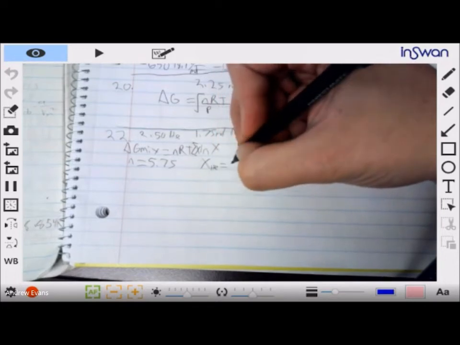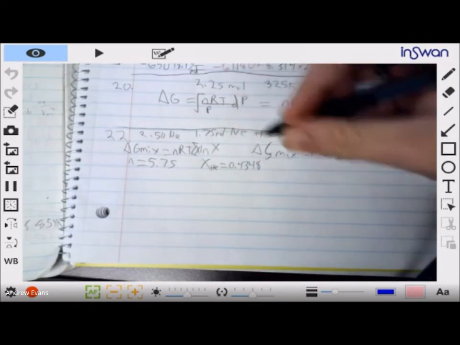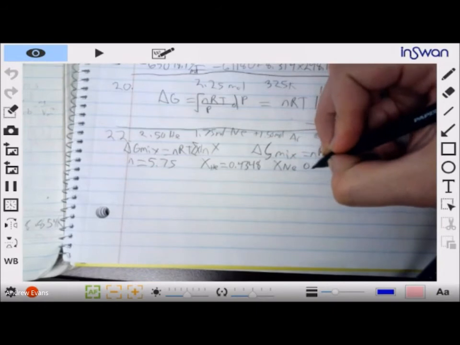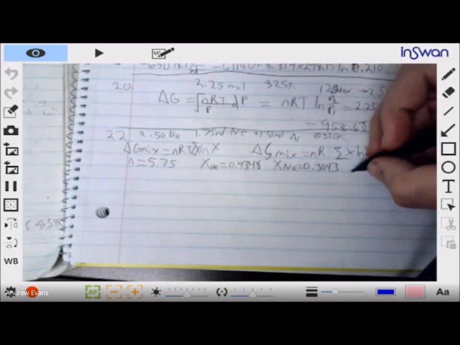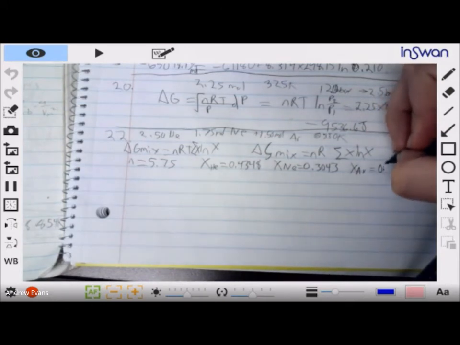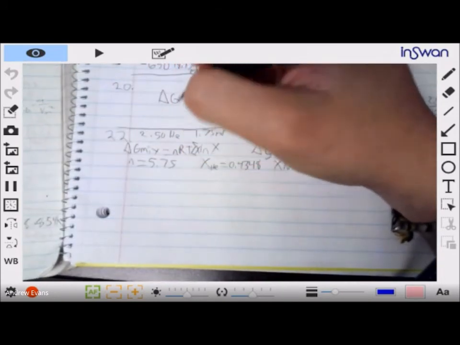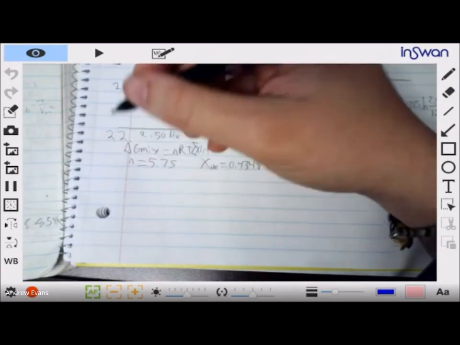So the mole fraction of helium becomes 0.4348, the mole fraction of neon 0.3043, and the mole fraction of argon 0.2609.